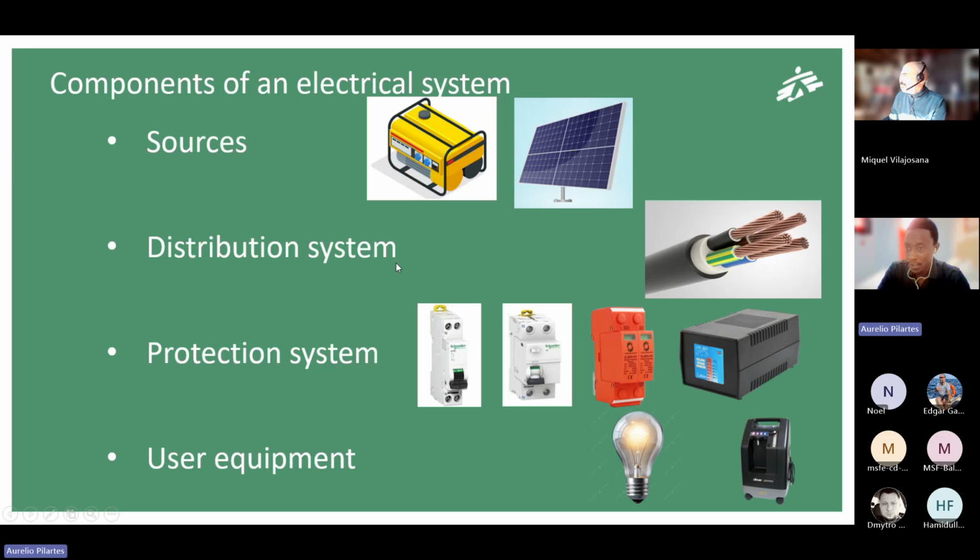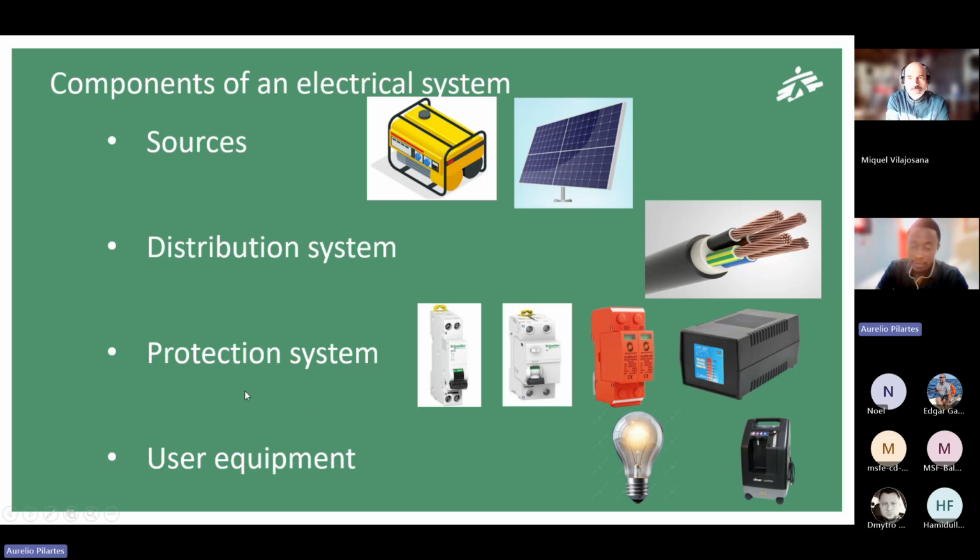Then the distribution system, which is the main cables, is there to carry the electricity produced by the sources. The distribution system will carry and distribute the electricity from the source to the equipment. The user equipment, you see at the end, is there to absorb the electricity and use it for the purpose of each equipment.